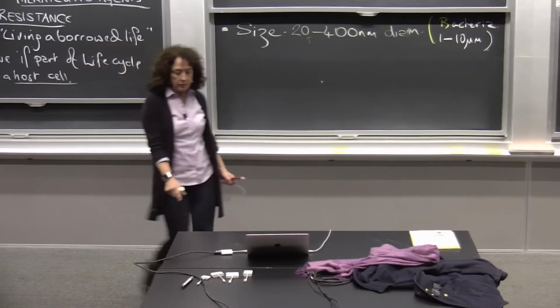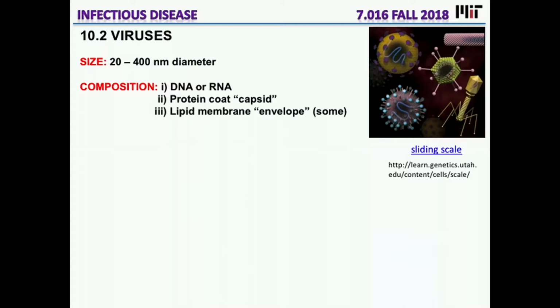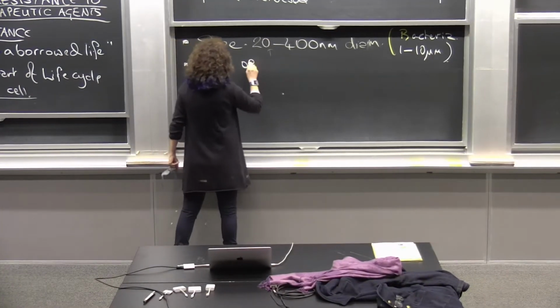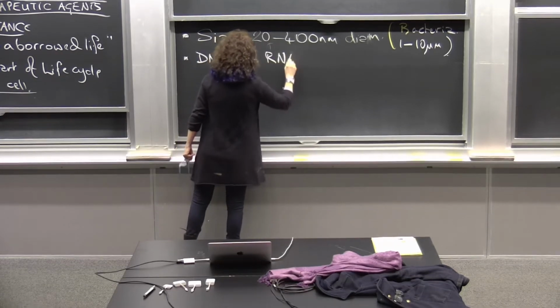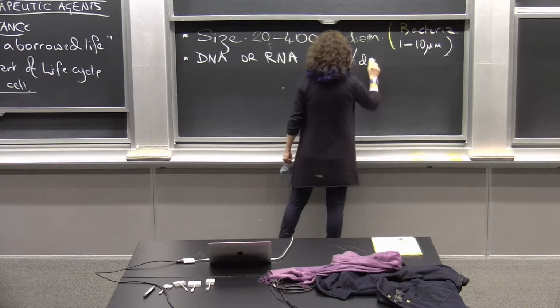They're very small. And the next critical thing is what's in a virus. What's the blood and guts of a virus? It's either DNA or RNA, and it can be single-stranded or double-stranded.